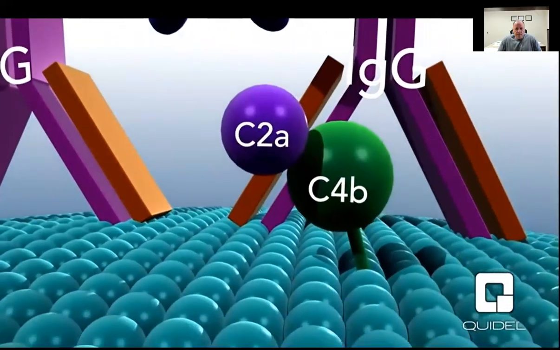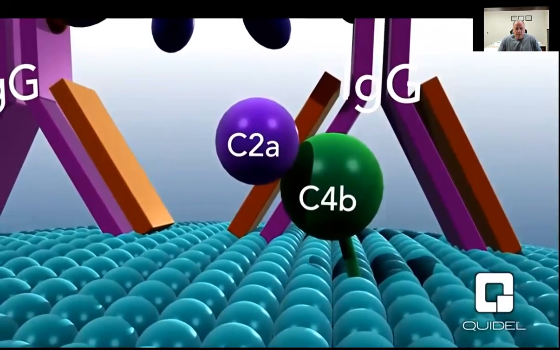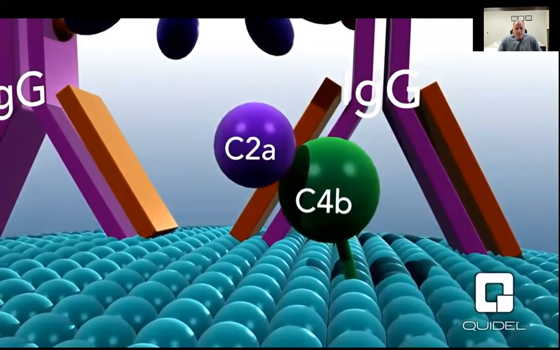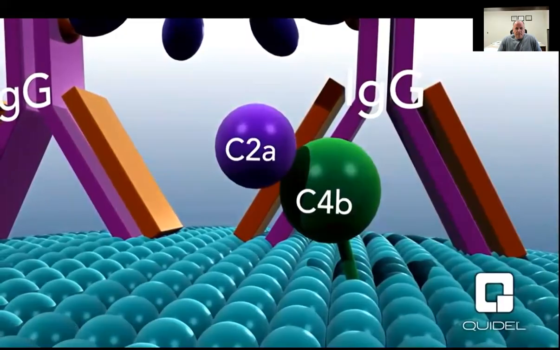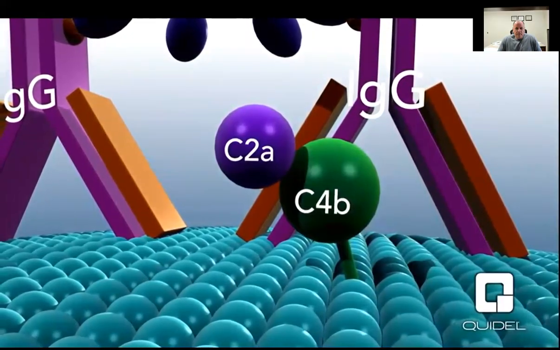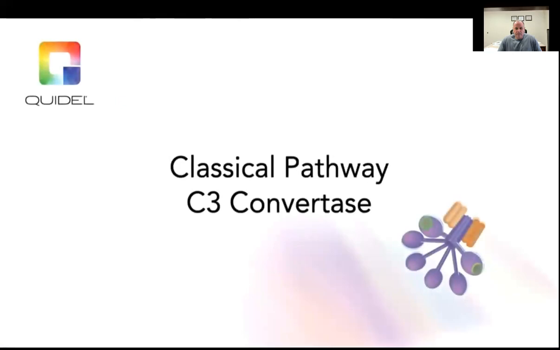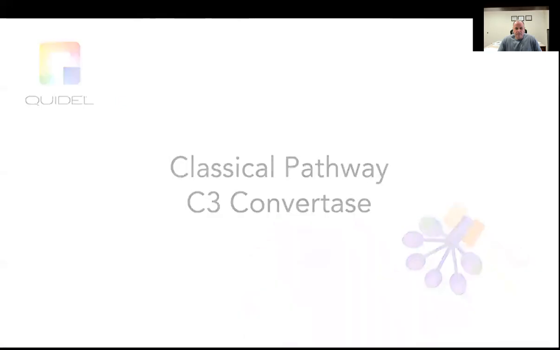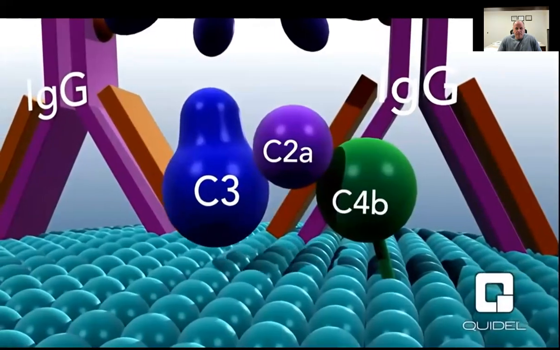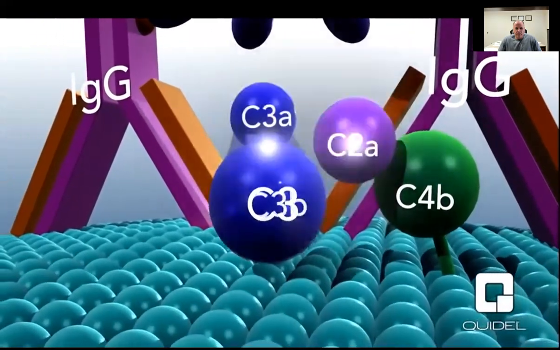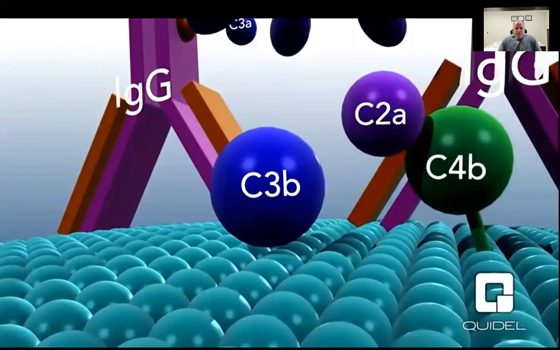This bimolecular complex of C4b2a is a C3 convertase of the classical pathway and serves to cleave C3 through the enzymatic activity in the C2a portion of the complex. Classical pathway C3 convertase. The C3 molecule is cleaved by the C3 convertase into C3a and C3b.